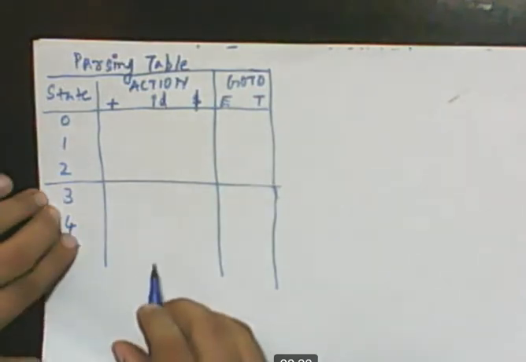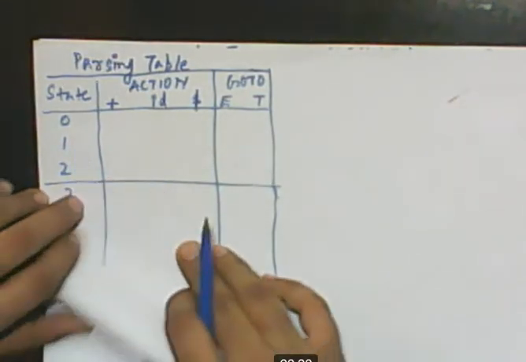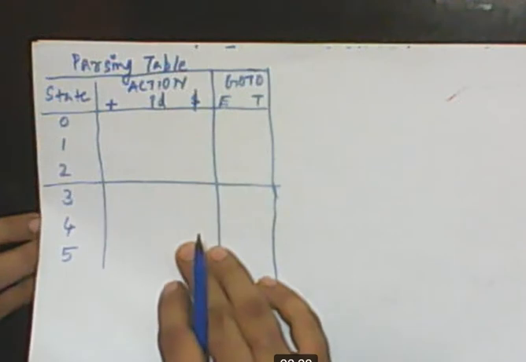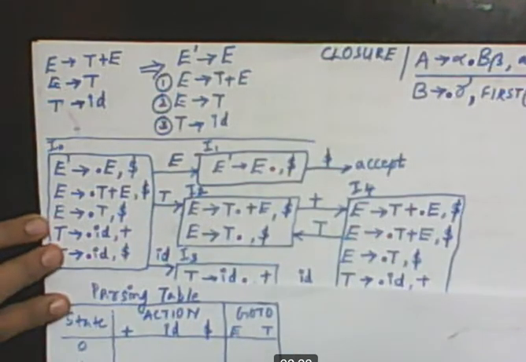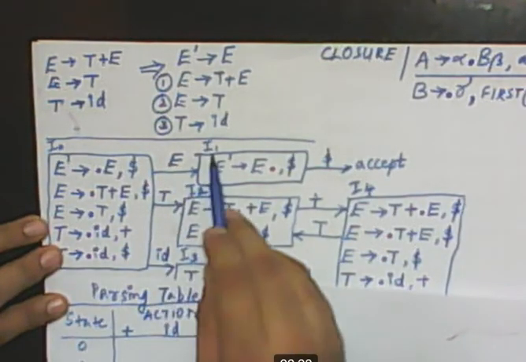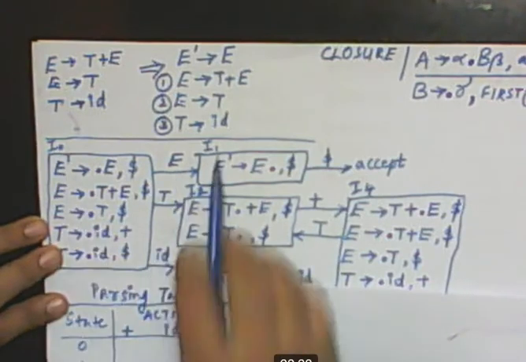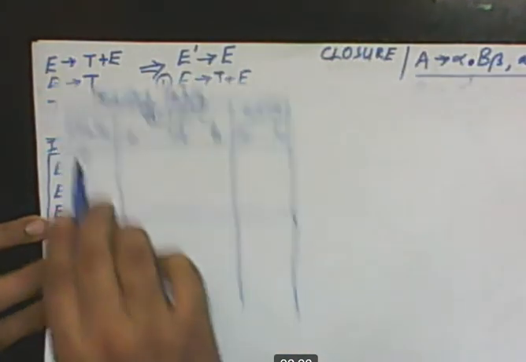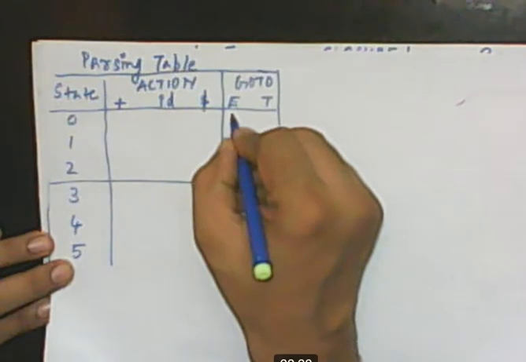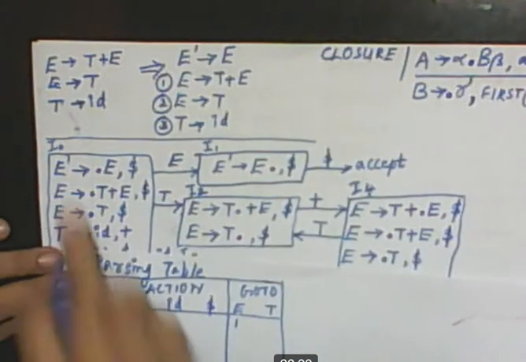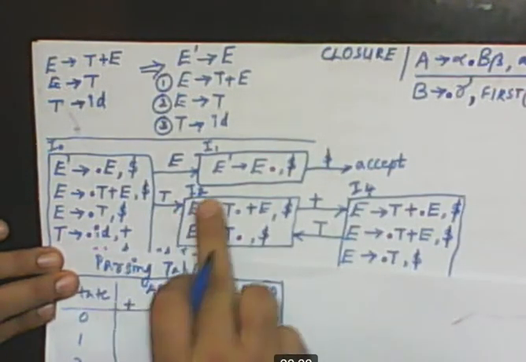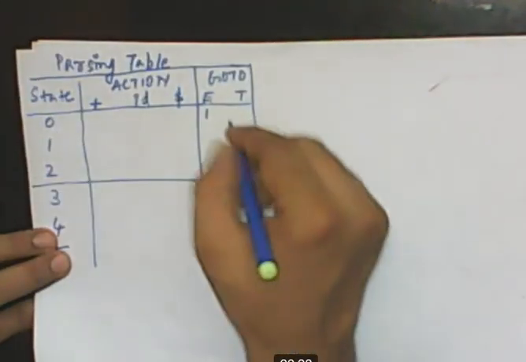Okay. So you need to find the transitions here. So I0 on E goes to I1. So 0 on E, you have 1. 0 on T, you have 2.